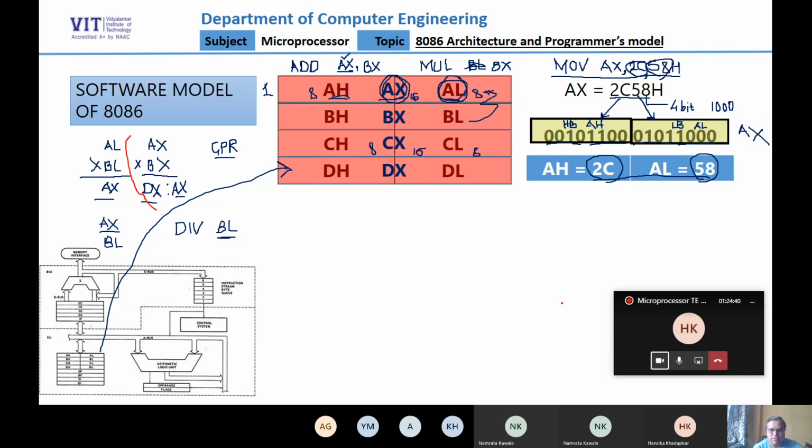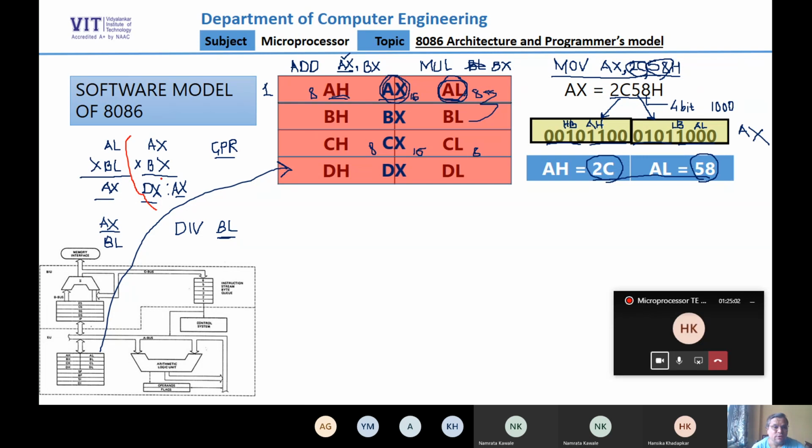But if it exceeds 16 bits, then the higher order bits of the result are not dropped. They are stored inside the DX register by default, even though it is not mentioned in the instruction. The processor will do that operation for us.